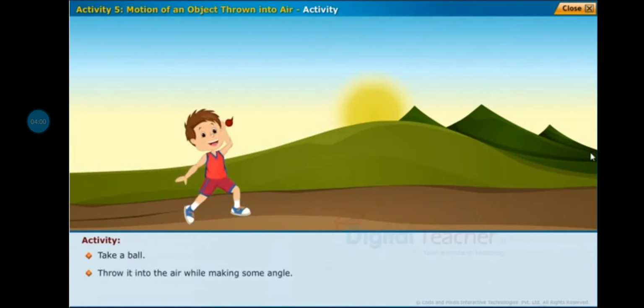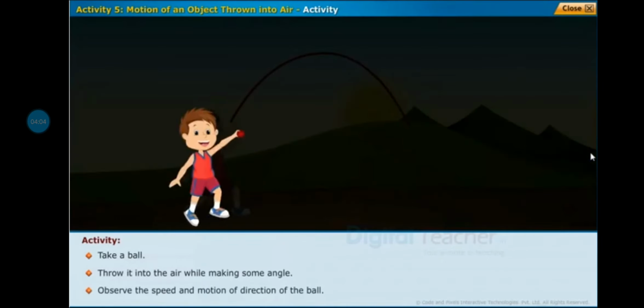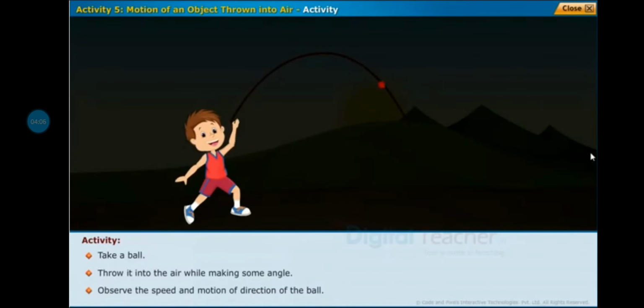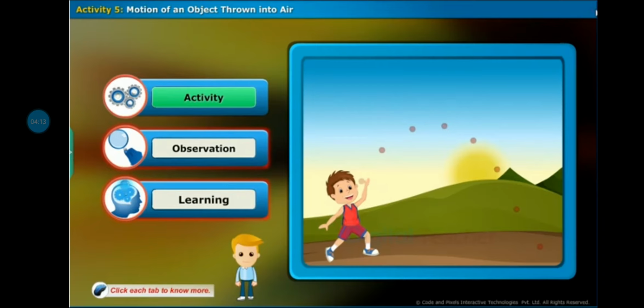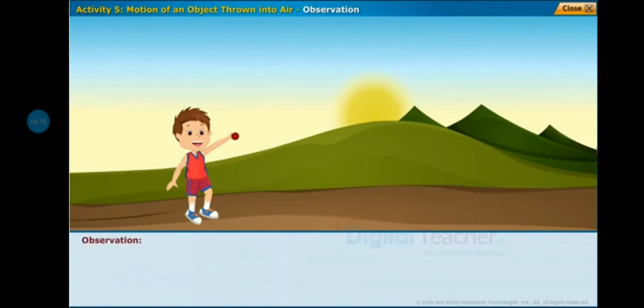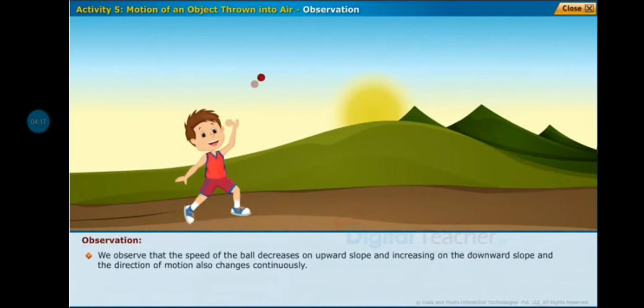Just take a ball and throw it into the air at some angle. This kind of throw is also known as a projectile throw. Observe the speed and the direction of motion of the ball. Now we observe that the speed of the ball decreases on the upward slope and increases on the downward slope, and the direction of motion also changes continuously.